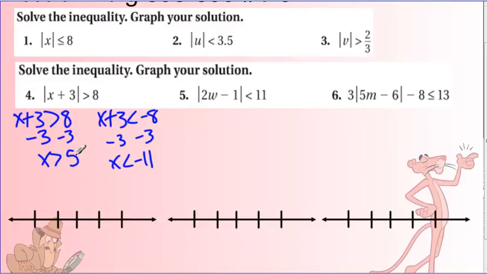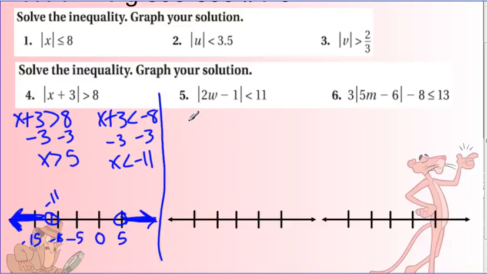We need bigger than 5, less than negative 11. 0, 5, negative 5, negative 10, negative 15. Hollow dot at 5, and we want to shade greater than 5, is what it says. And negative 11 is here, and we want to shade less than negative 11. That one wasn't too bad.